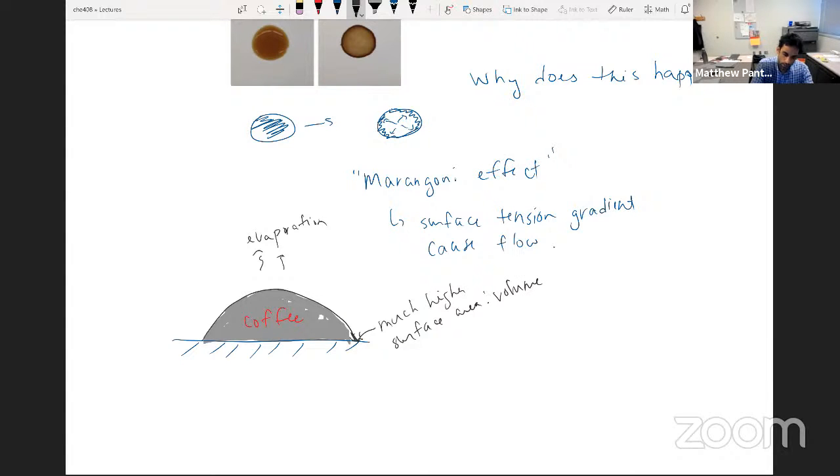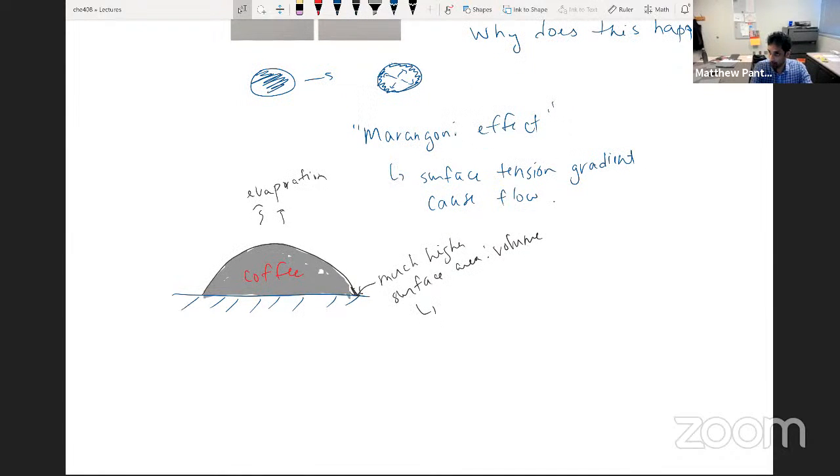So the edge evaporates a little bit faster. You can see this, that's why oftentimes you'll see things evaporate from the edge in. In turn, because it evaporates slightly faster, it becomes cooler.